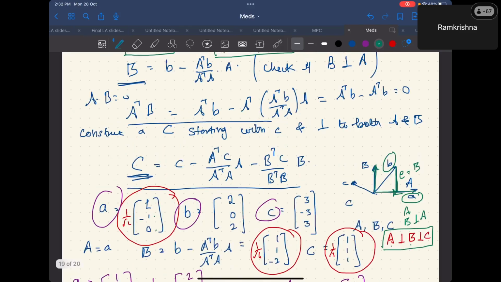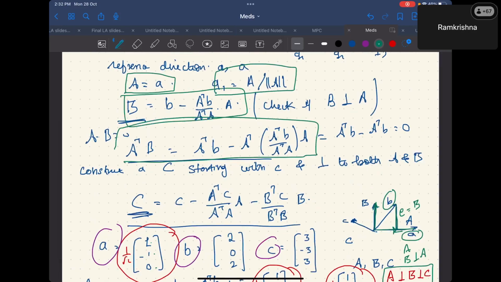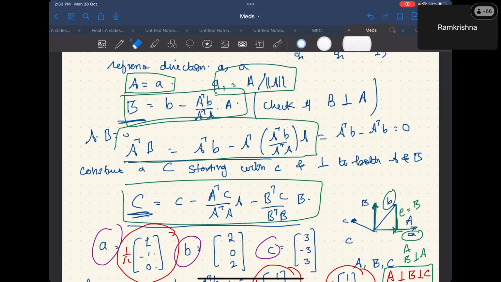I'm just looking at the error vectors each time. This will be the error vector in the first case, and this will be the error vector in the second case. I'm subtracting the projections in each direction. Simple, that's all. I'm just subtracting projections of C on A and B to get C. Earlier, I'm just subtracting projections of B onto A to get capital B.